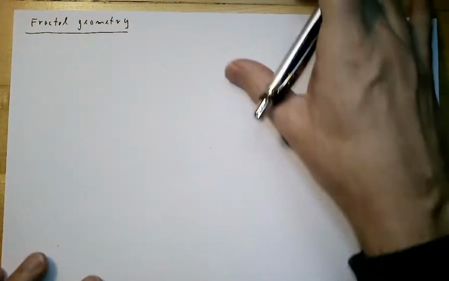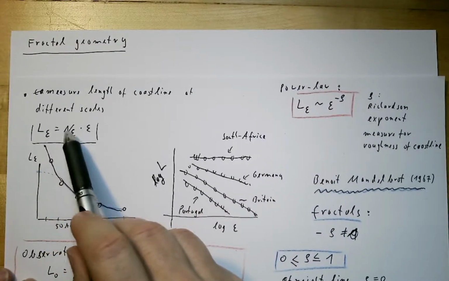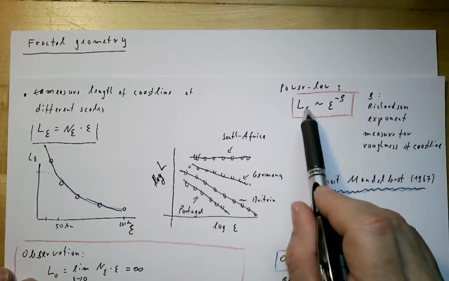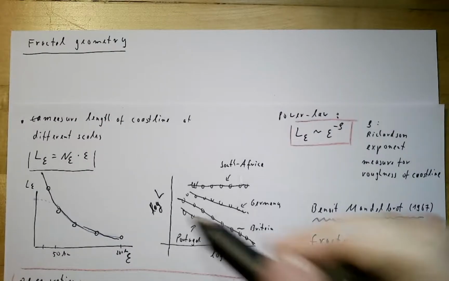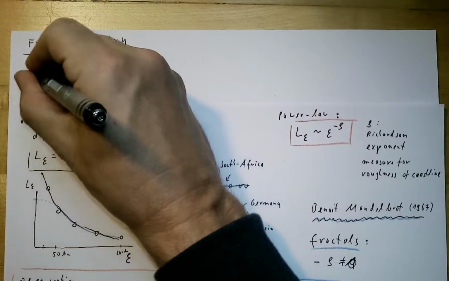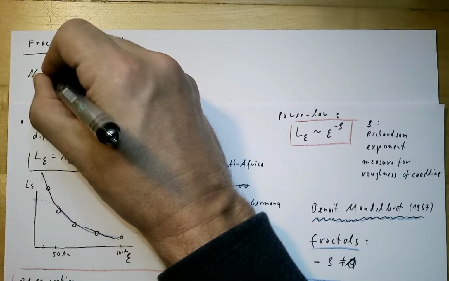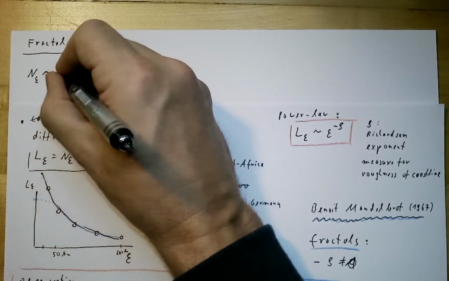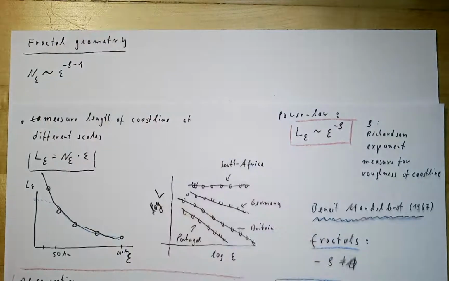Okay, so let's say we combine first these two things. We know the length goes as the number of measurements times epsilon, and if we know the length goes with epsilon to the minus rho, then we know that the number of objects we need to measure is proportional to epsilon to the minus rho minus 1.